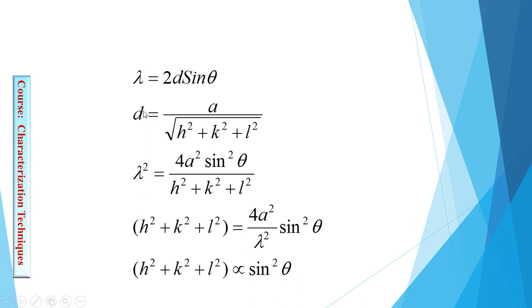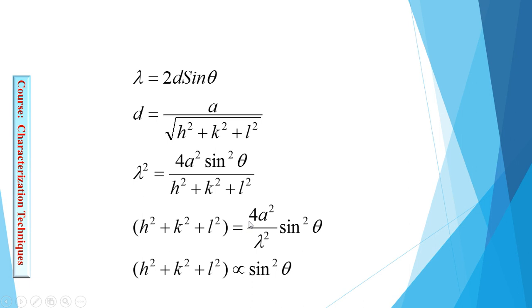By calculating the value of d from Bragg's law, we substitute the value of d here. Taking the square on both sides of this equation, this value becomes 4a square sine square theta divided by h square plus k square plus l square. So h square plus k square plus l square is equal to this, and we know that 4a square divided by lambda square is constant for the given crystal.